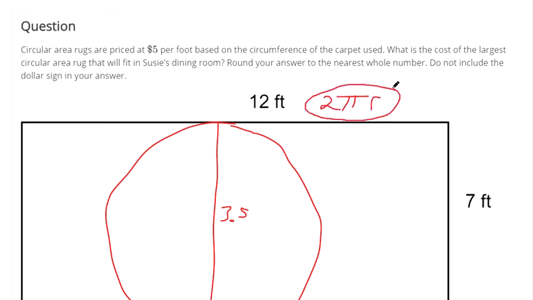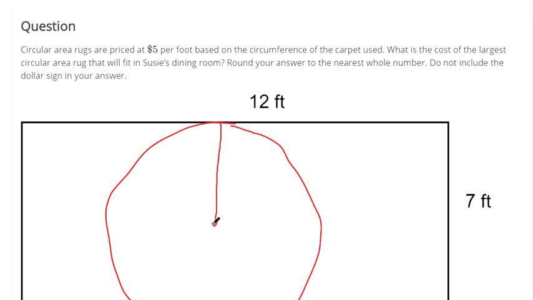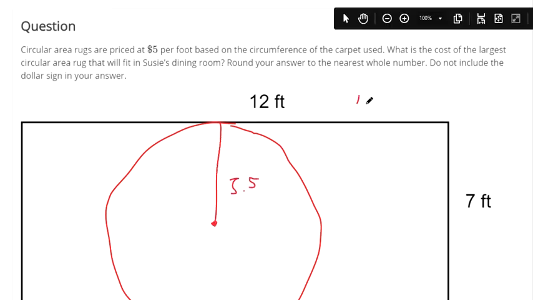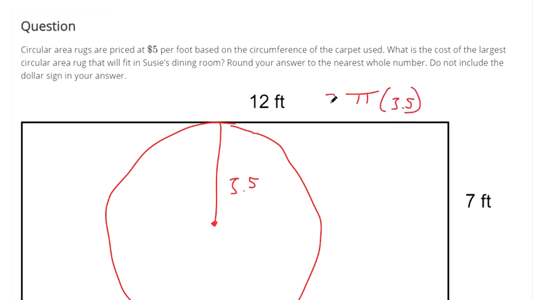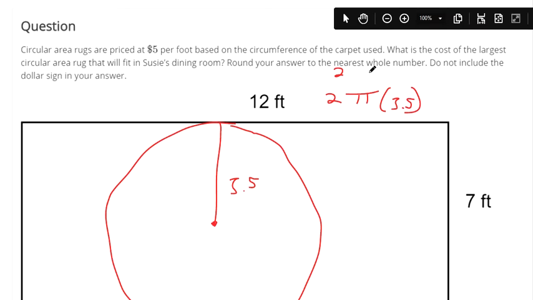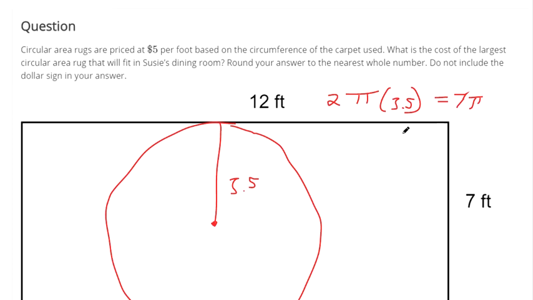The circumference is 2 pi r. So if you plug in 3.5 for the radius, just to make sure I'm not messing anybody up. 7 feet is the diameter, 3.5 is the radius. So pi times 3.5 times 2, right? That's the circumference of a circle. So we get 7 pi for the circumference of a circle.